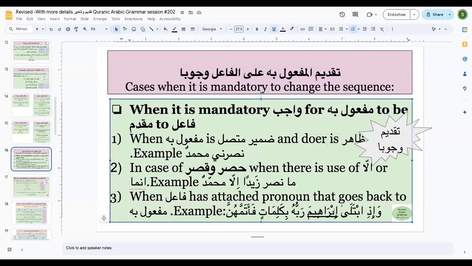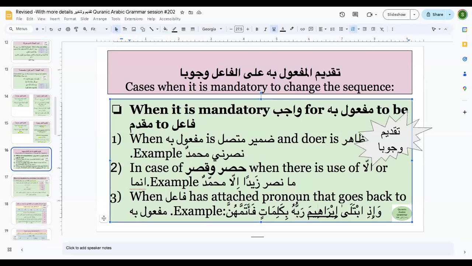So here, Ibrahim was maf'ul bihi, but since the fa'il has an attached pronoun, in mudaf ilayhi position, which is going back to maf'ul bihi, the fa'il had to be made muakhar. Is this clear to all of you? Alhamdulillah, we are all on the same page. This is something that can come as well, and must be understood.